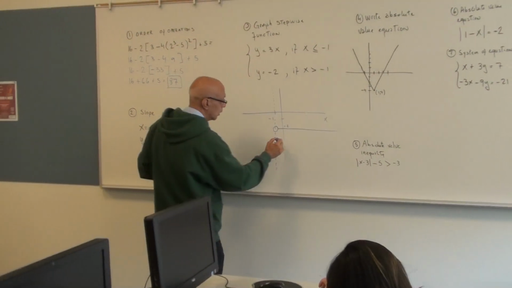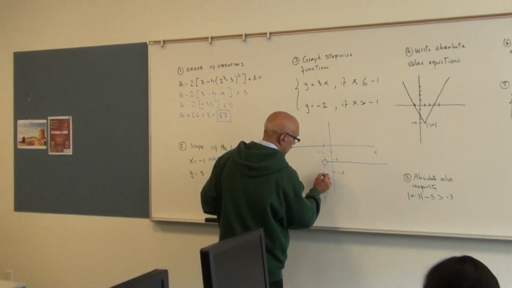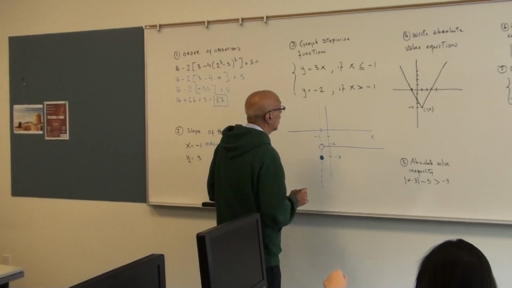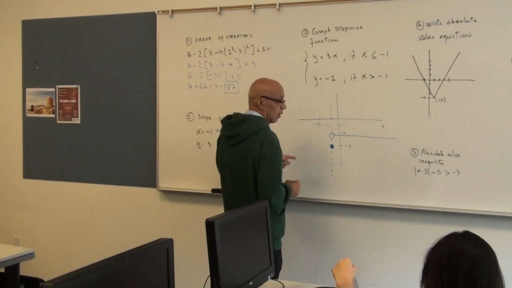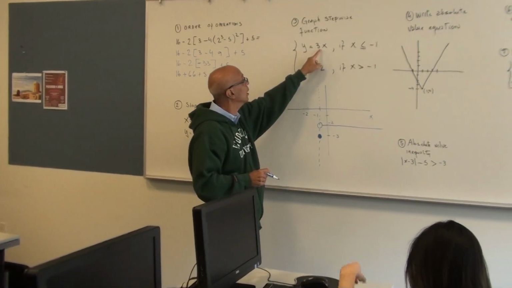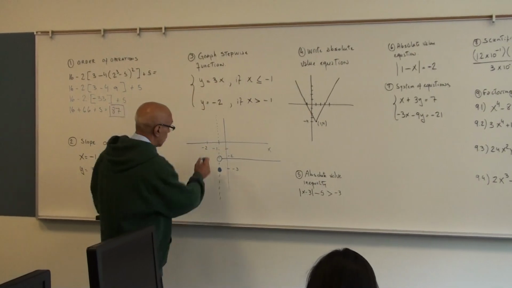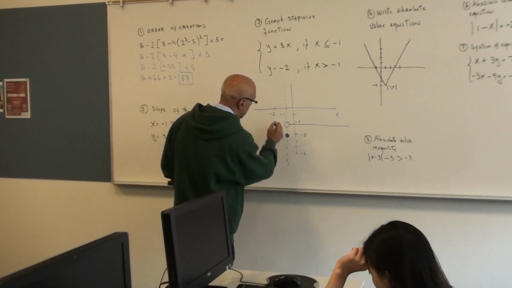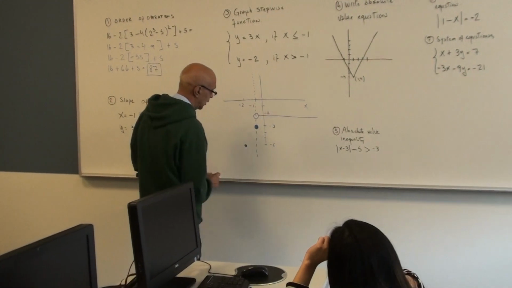So that point starts right here, -3, okay? It's a solid point here, so I make it solid. When x is -2, if I plug in here, 3 times -2 is going to be -6. So -4, -5, -6 is here, so I have another point equal to -6.